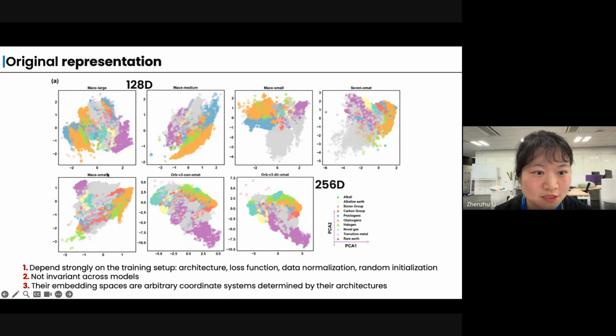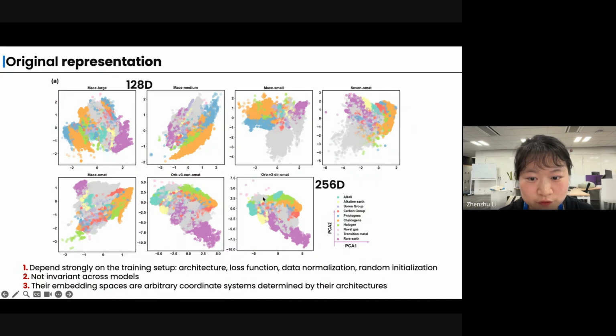And then we plotted their representation with PCA, here in 2 dimensions, but we can easily go to different dimensions. We look at their original representation, and as we can see, their original representations are not so comparable, in different aspects. For example, for the MACE models, here we only extract the invariant part, and they are 128 dimensional.